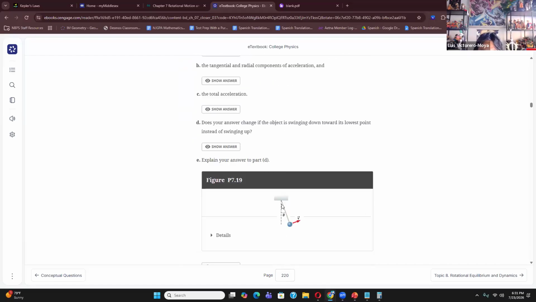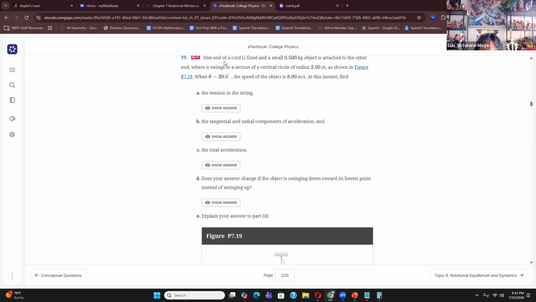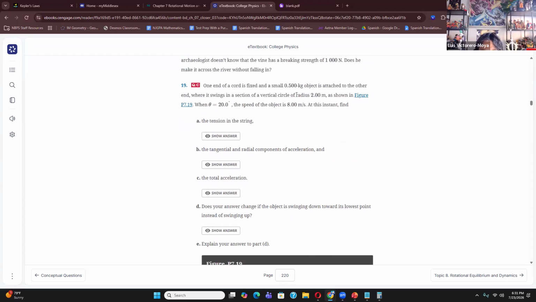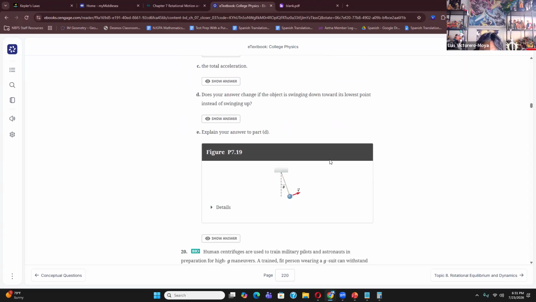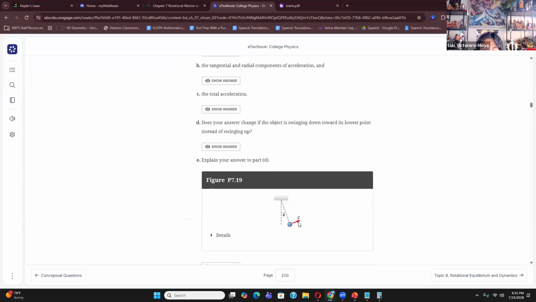You have a pendulum, right? Swinging like that. They give you the direction of the velocity there. So you have a pendulum with mass 0.500 kilograms, swinging vertically on a radius of 2 meters, as shown in this figure.